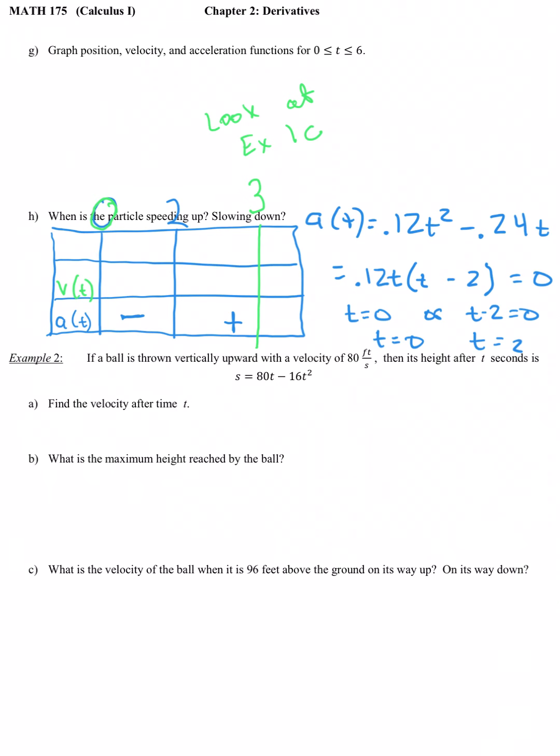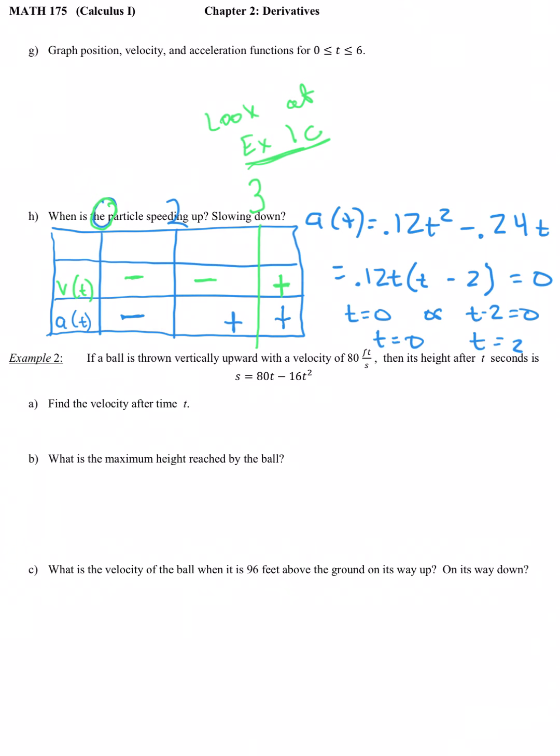And also, in example 1C, we tested values for velocity as well and realized that between 0 and 3, velocity was negative, but after 3, it was positive. So that part I did not do with you yesterday, okay, the part in green.